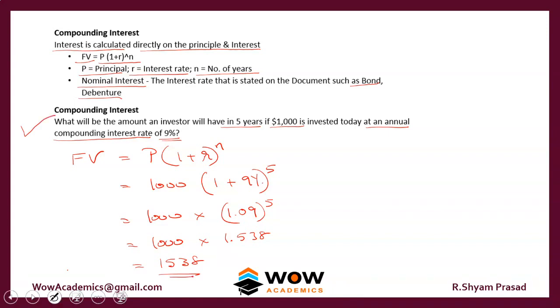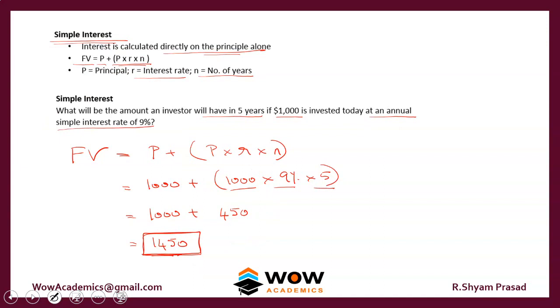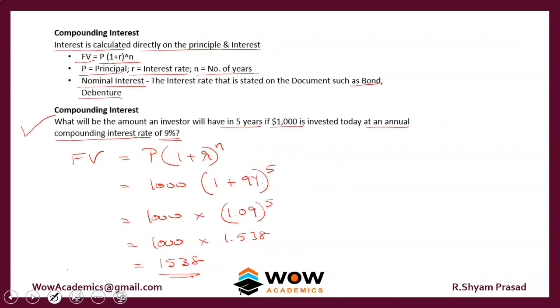When you look at the numbers here, the compounding interest will always be higher than the simple interest. That's because in simple interest the interest is calculated only on the principal, but in compounding interest the interest is calculated on the principal as well as the previous year interest. So normally compounding interest will be higher when compared to simple interest.